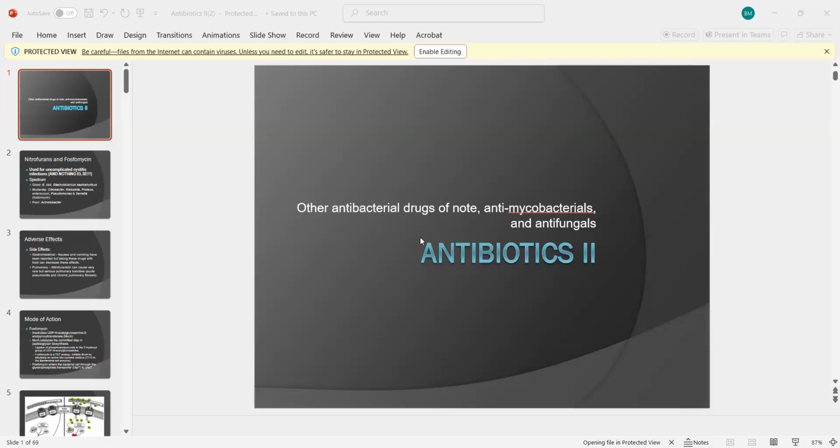So you do not give it in children, because children often can't communicate whether or not they're seeing colors very well. Can cause rash and drug fevers in some people. Those are not very common, but they can happen. Does not cause hepatotoxicity. So it's sometimes used to substitute for rifampin.